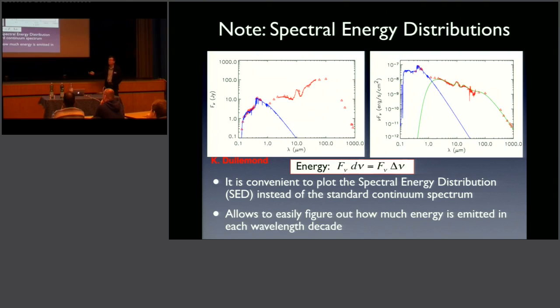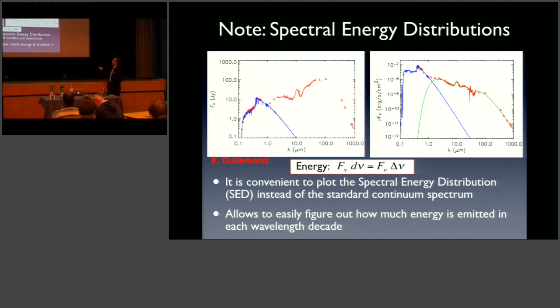This is obviously not true. The source of radiation is the star, and if you want a clear view of where the energy is coming from and what is reprocessing it, you should plot the energy. That's why we normally plot nu f nu, which is the same plot, just multiplied by the frequency, or lambda f lambda, it's the same thing.